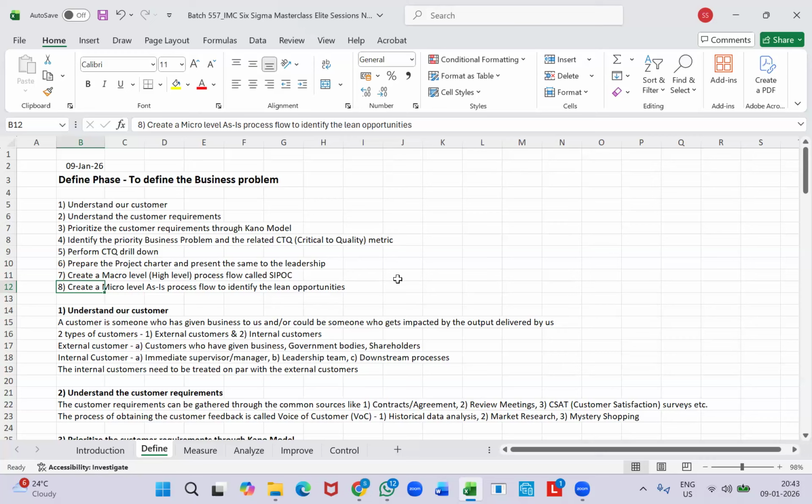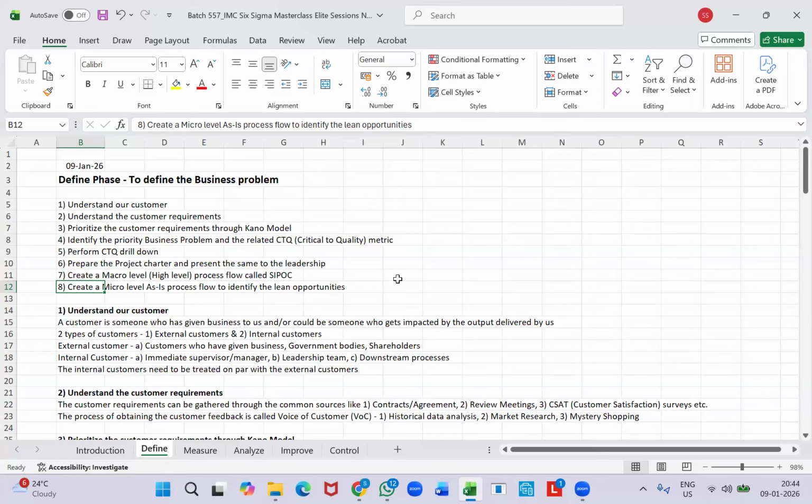So that being the case, we wouldn't be able to achieve that goal merely by performing the lean improvements. The lean improvements will enable us to improve the process up to a certain extent. But beyond that, when we want to improve further, we would need to apply the Six Sigma tools and techniques. So this is the final deliverable as part of the define phase, right?